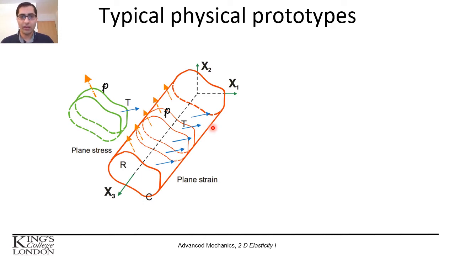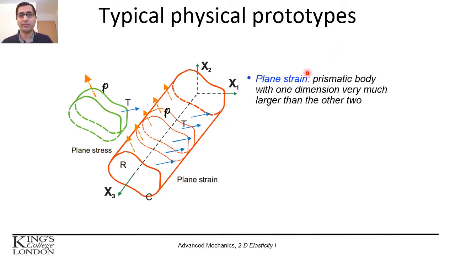Basically, any lung tissue under uniform loading that you can assume that the strain along the axis of that body or that tissue is negligible. So basically, plane strain, it's prismatic body with one dimension very much larger than the other two.